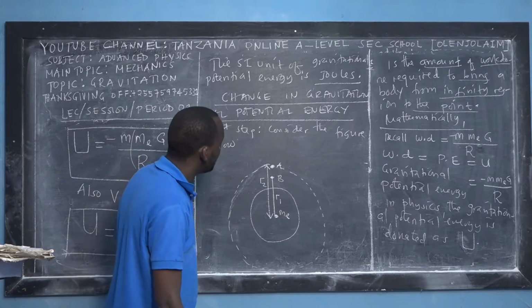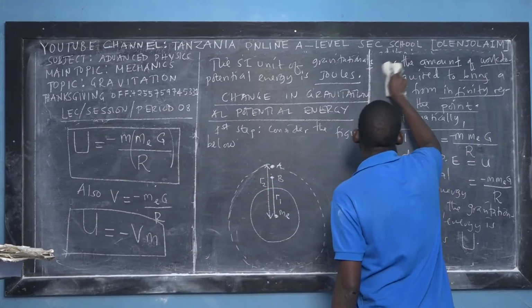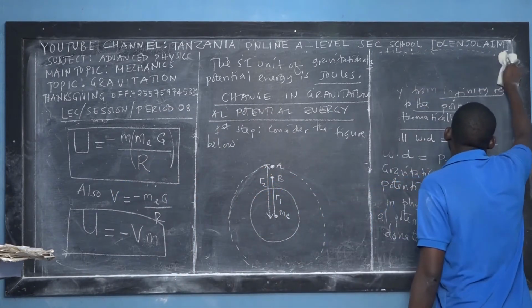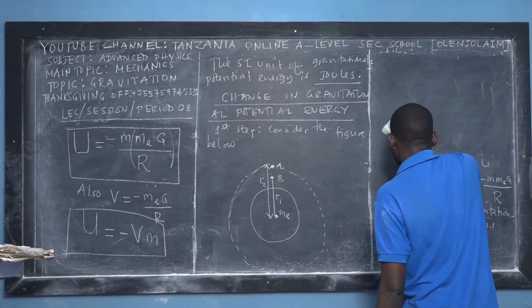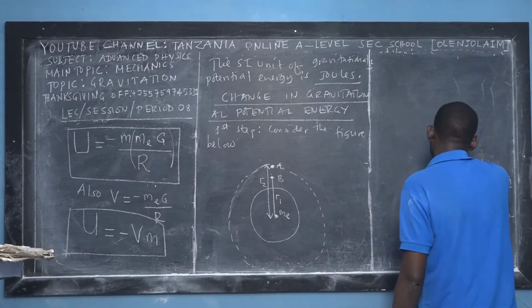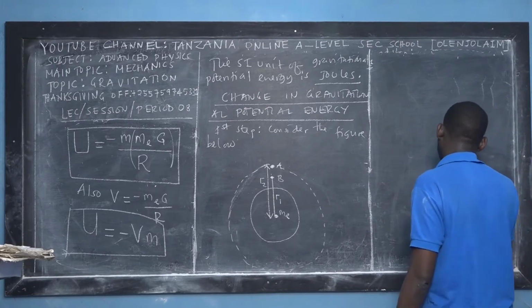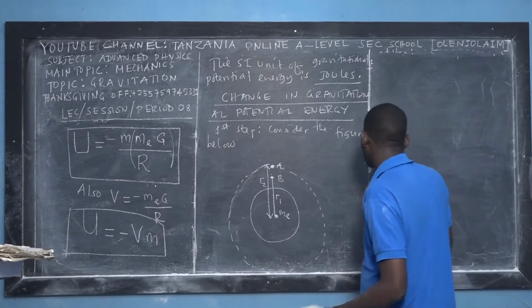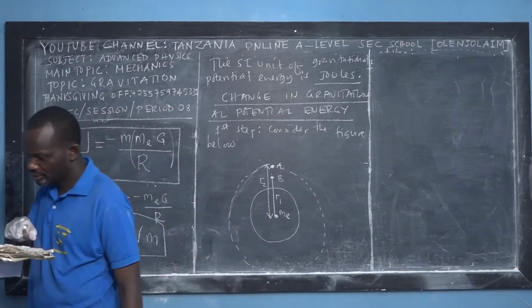So we say that this is the S and then this is the point. So we say that the gravitational potential energy between the 2 points is infinity.